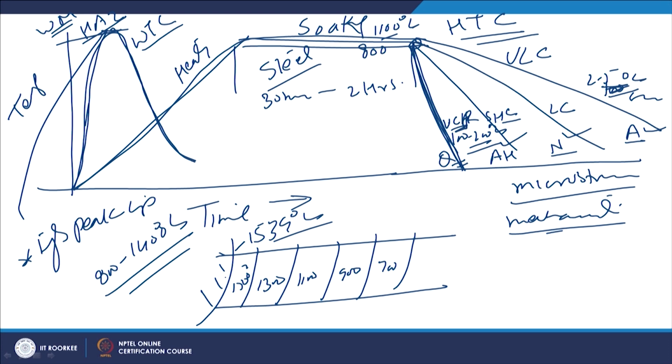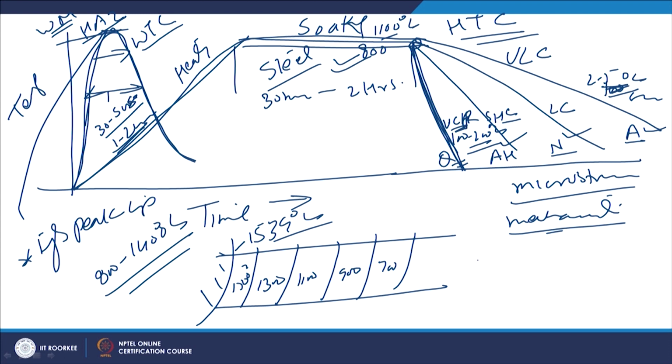At the same time, the another point which we have to see is the time above which high temperature is maintained. So, this high temperature retention period is very short. This may be like 30 to 50 seconds, or as per the welding process it may be longer, like 1 to 2 minutes, but this time is not as high as which is observed in case of the typical heat treatment cycles.